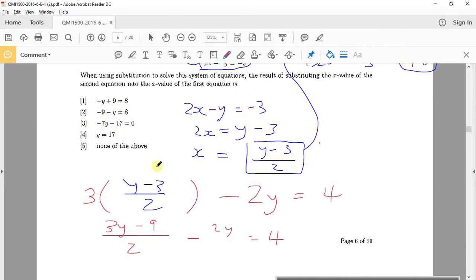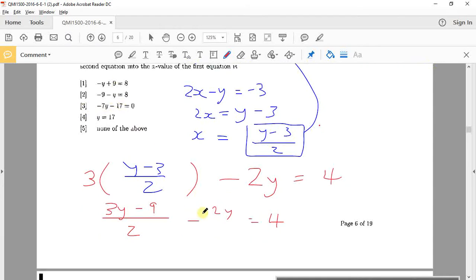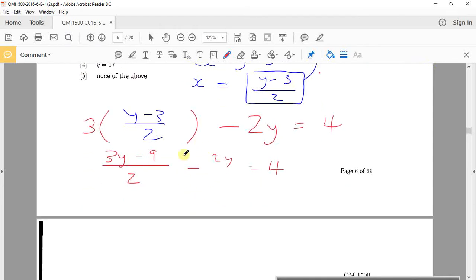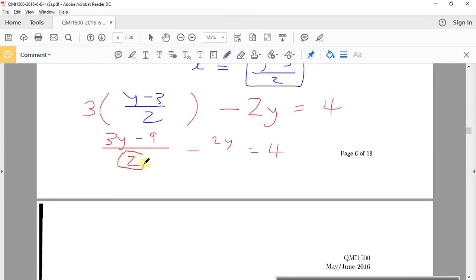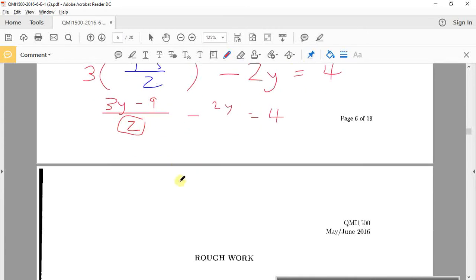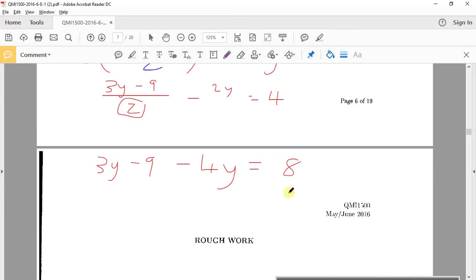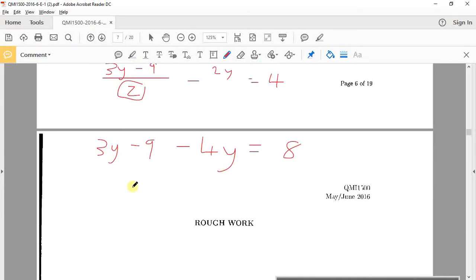Okay, so they want y equals something, an equation. So what I'm going to do is keep everything on this side. I'm going to times everything by 2 to get rid of the denominator. Okay, so 3y minus 9, times that by 2 is minus 4y, times that by 2 is 8. Okay, 3y minus 4y is minus y equals minus 9 goes across, becomes plus 9, so equals 17. Okay, so y equals minus 17.